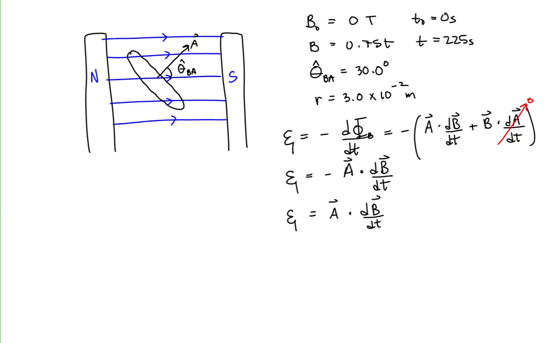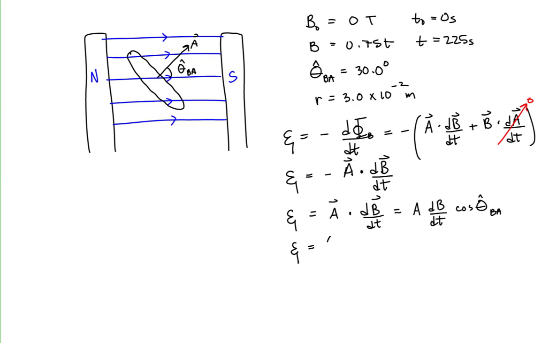In order to calculate the magnitude of this induced EMF, we can represent the dot product between the area vector of the plane of the loop and the magnetic field as being equal to the product of the magnitude of the area vector, the magnitude of the time rate of change of the magnetic field, and the cosine of the angle between the area vector and the magnetic field.